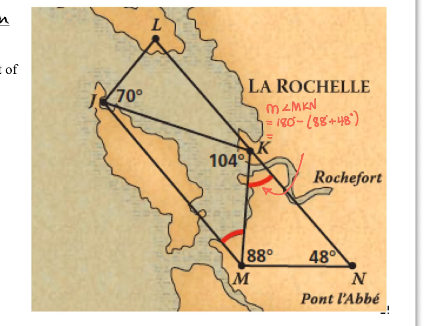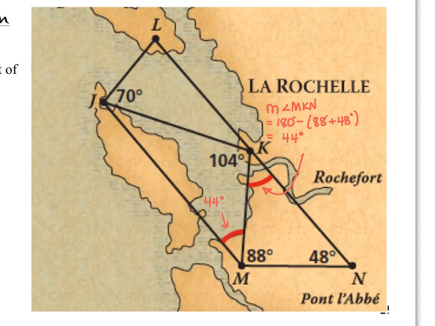So when we do the subtraction, we see that we have a 44-degree angle. We also notice that there is one arc mark on angle MKN, and we have another angle with an arc mark also, and that is this one right here. So we have another 44-degree angle.